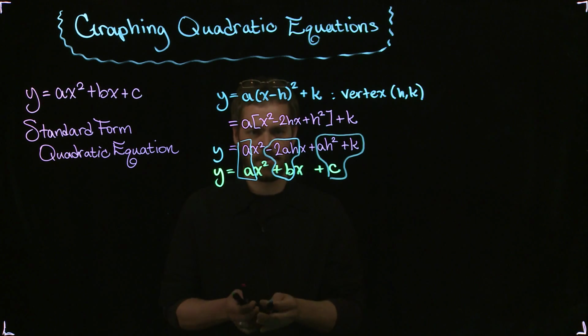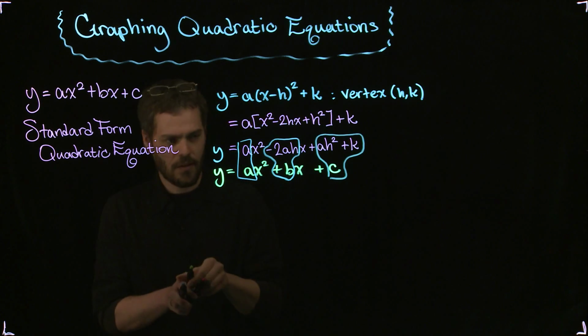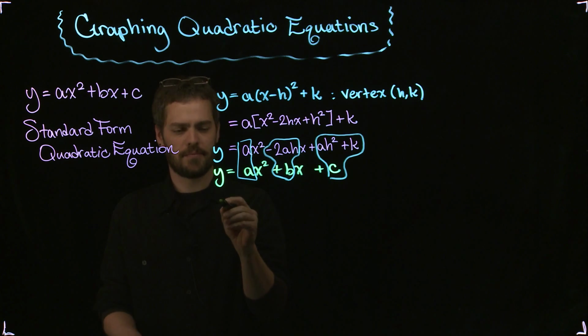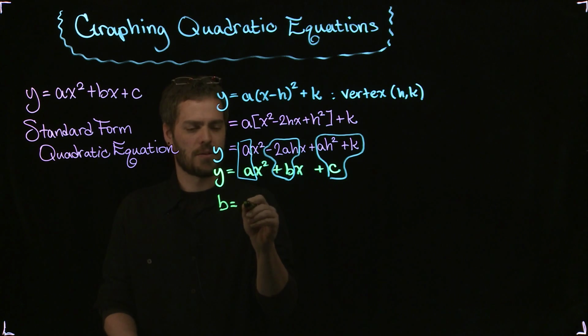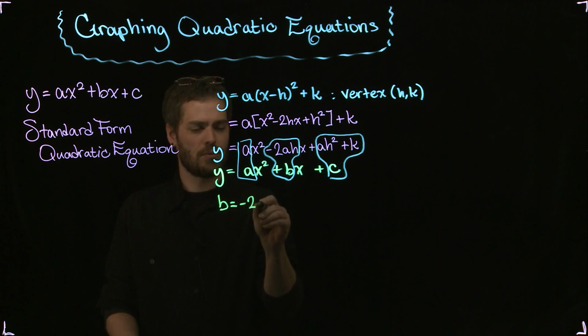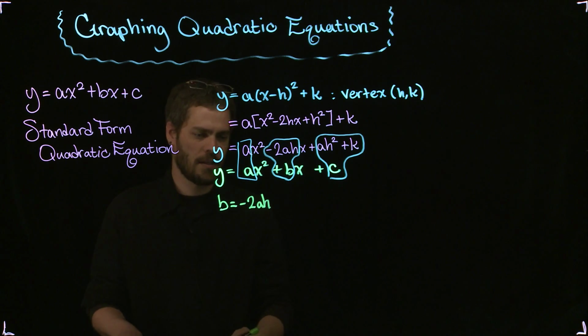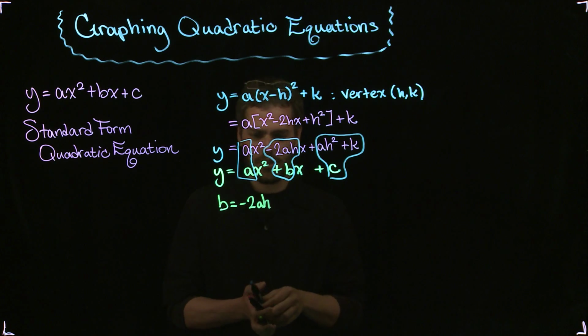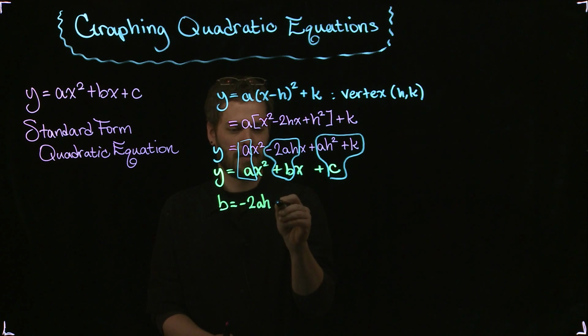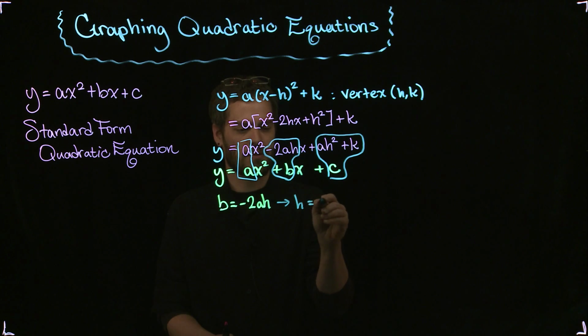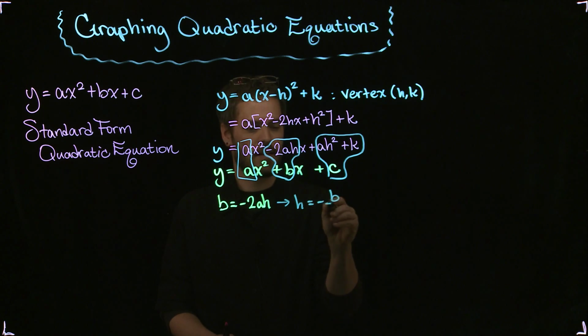Now I am eventually going somewhere with this. Let me focus on that b equal to negative 2ah. If I solve for h, I can divide both sides by negative 2a, and that gives me h is equal to negative b over 2a.